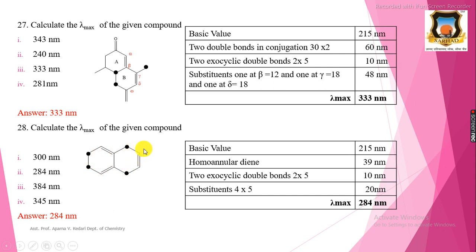This double bond, we are not considering because it is not in conjugation with this diene. Therefore, it is not considered in this lambda max. Then 4 substituents multiplied by 5, 20 nanometer. Therefore, the maximum absorption becomes 284 nanometer.